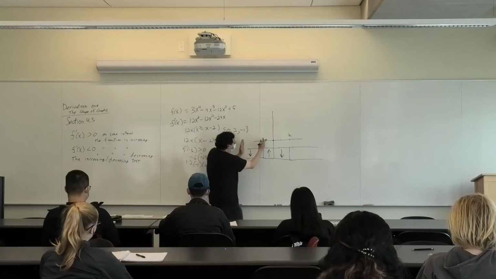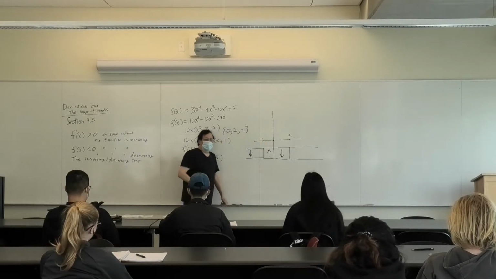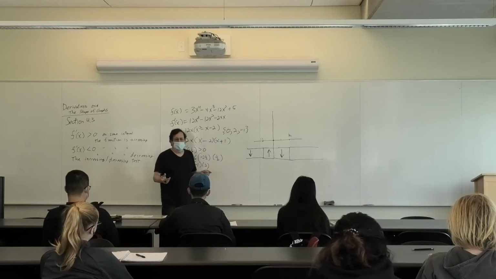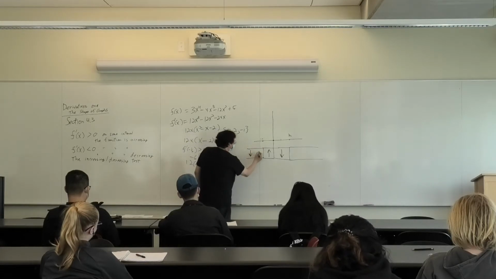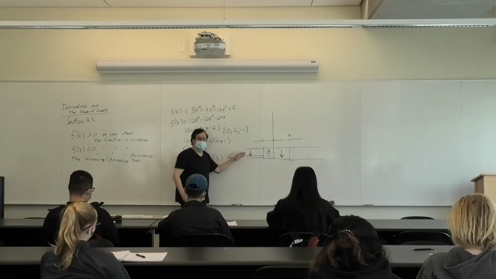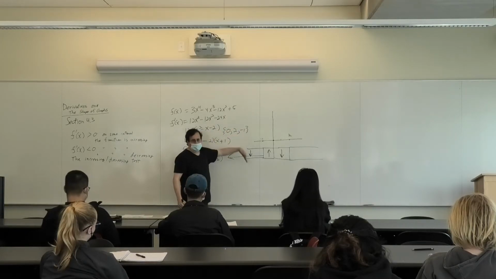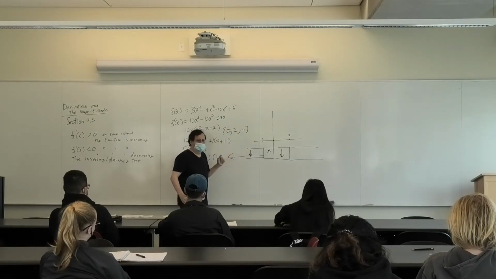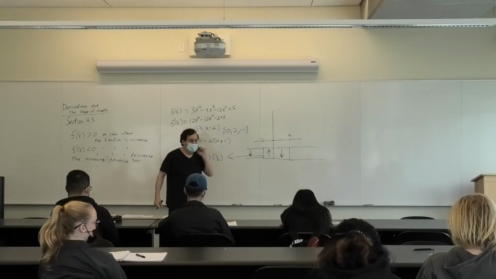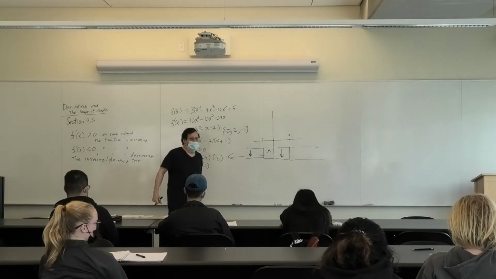But between these points, the sign is going to stay the same. So from here on out, I know the derivative is negative, so it's decreasing. You could restate your question if I didn't answer it. No, I think you did. Okay.